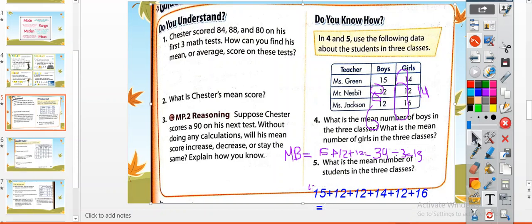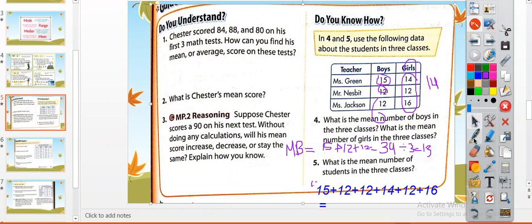So the answer here is 81. Then you're going to divide this 81 to find the average, or the mean, which average equals 81 divided by 6. 81 divided by 6 equals 13 and a half, which is the average or the mean.